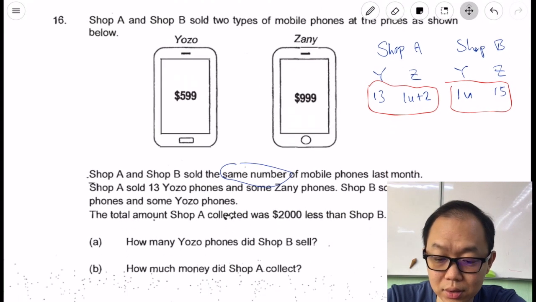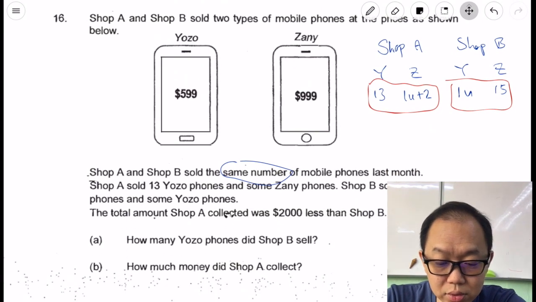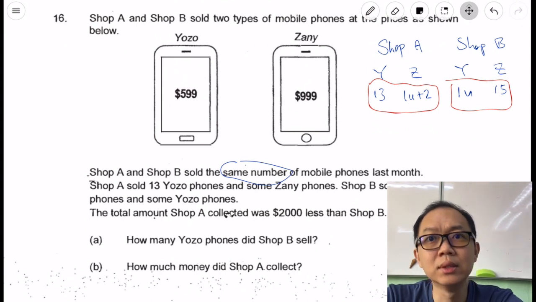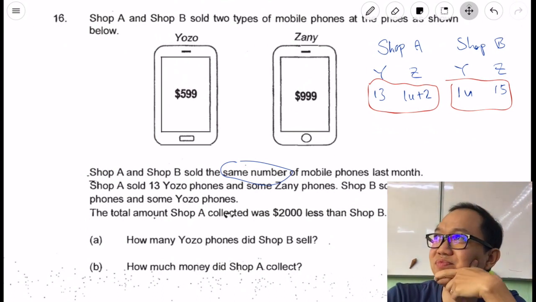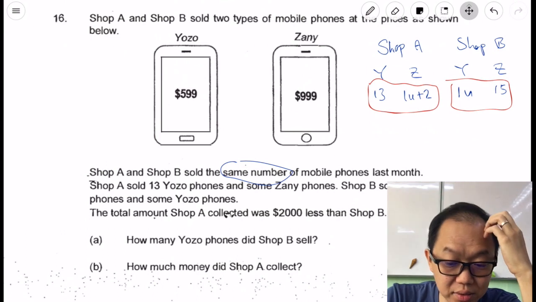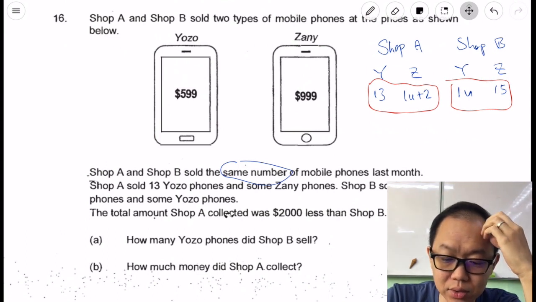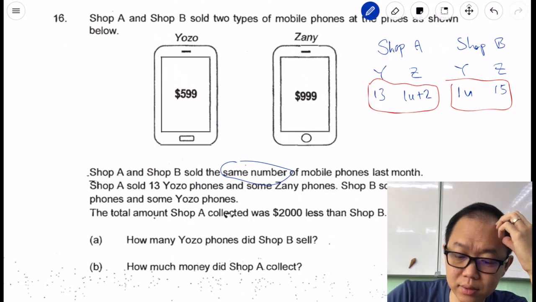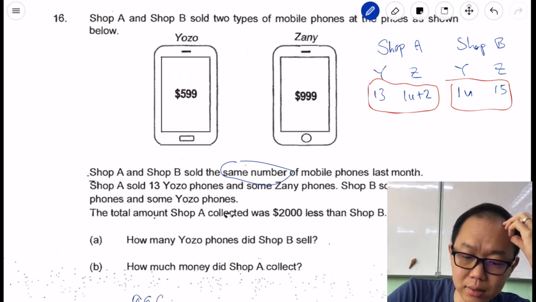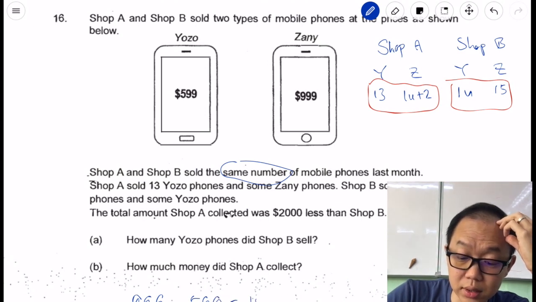So let's continue. How do we find out how many Yozo phones? The total amount shop A collected was 2,000 less. Now the difference here is, if you take 999 take away 599, it equals $400.